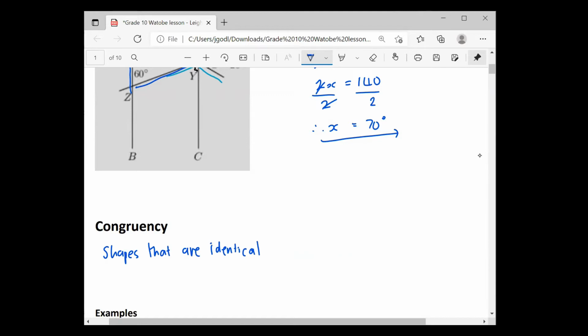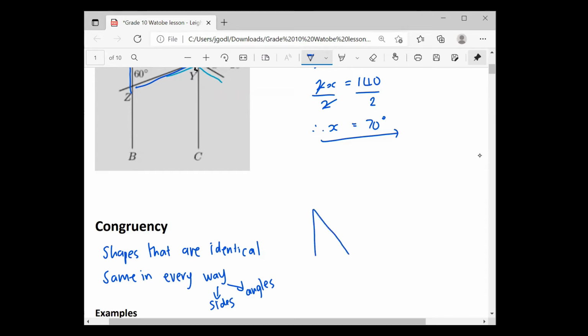So congruency means that they are identical. They are the same in every way. That means their sides are the same, and their angles are the same. If I picked up one shape, sometimes rotating it a little, and put it on top of the other shape, it would fit perfectly.